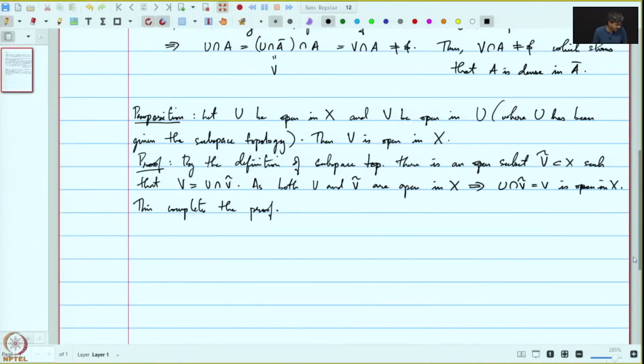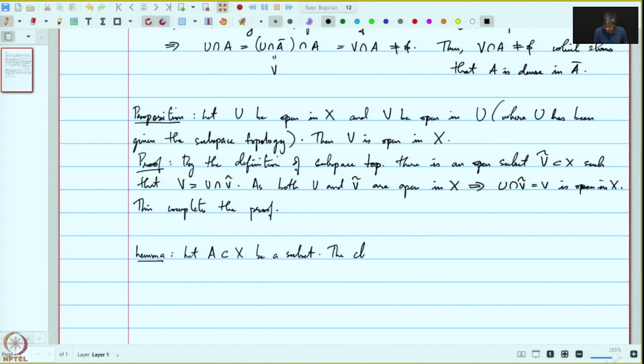Okay, and similarly we have a similar result for closed subsets. Before we prove that result for closed subsets, we need a small lemma. Let A contained in X be a subset.